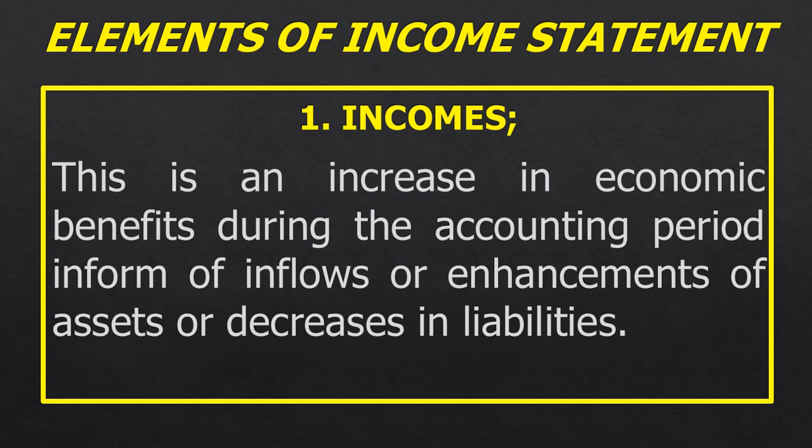Income refers to increase in economic benefits during an accounting period in the form of inflows or maybe increase of assets. So if, for example, money comes in, cash inflows, or if our assets increase, then that shows that an entity has received income.